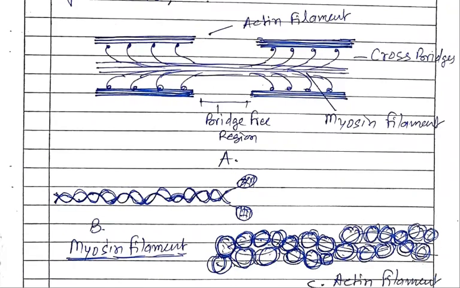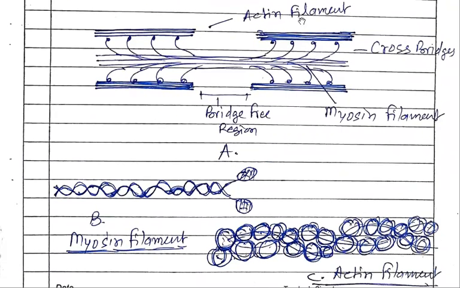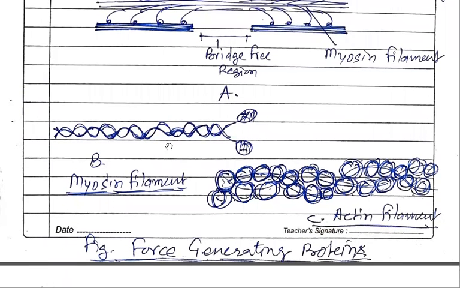Here is the diagram of actin. These are the actin filaments and these are the myosin filaments. In between the actin filaments there is a gap, which we can call the bare region, and myosin is continuous between the two actin filaments. This is the myosin filament.